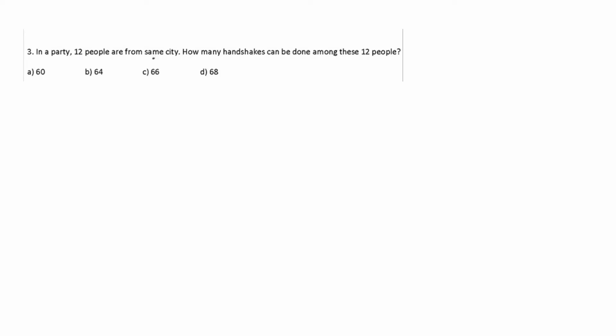Now, in a party, 12 people are from the same city. So how many total people are there? There are 12 people. Now, how many handshakes can be done among these 12 people? So understand, they are not asking you to select the number of people, but they are giving you the condition that these 12 people are shaking hands.